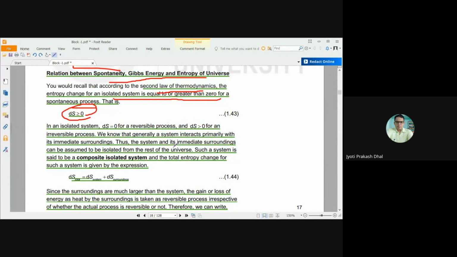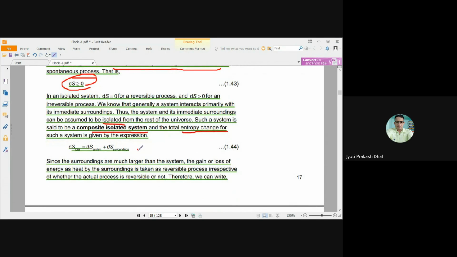Thus, the system and its immediate surroundings can be assumed to be isolated from the rest of the universe. Such a system is said to be a composite isolated system, and the total entropy for such a system is given by this expression: dS total equals dS system plus dS surrounding.